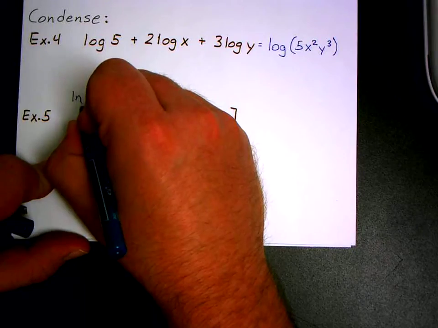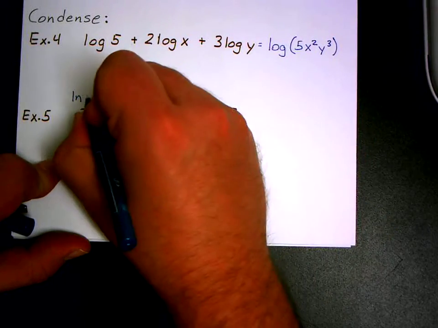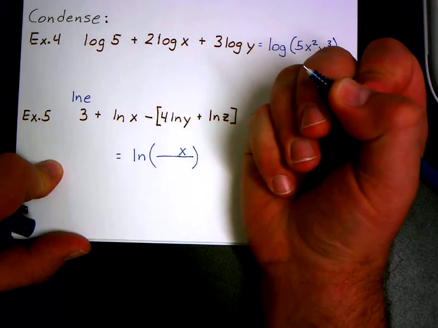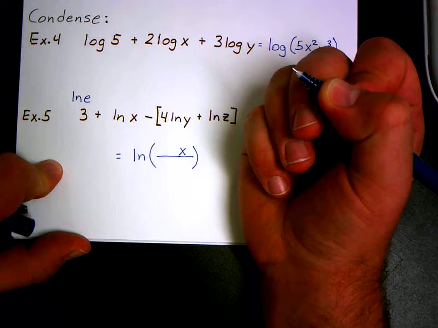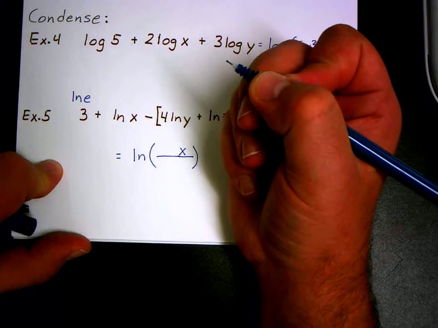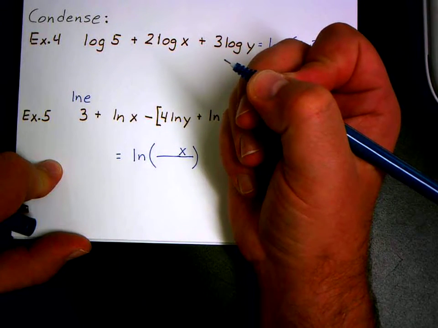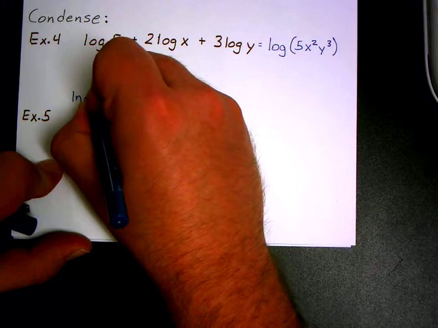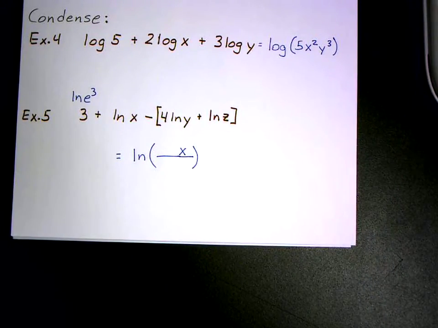Well, what's the base of LN? E. So there had to be an E in order for the LN to disappear. So e to the what power would become just 3? 3. Right?